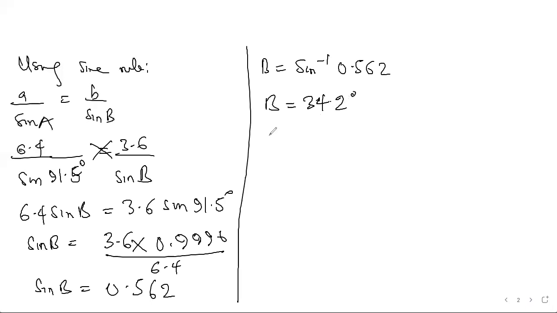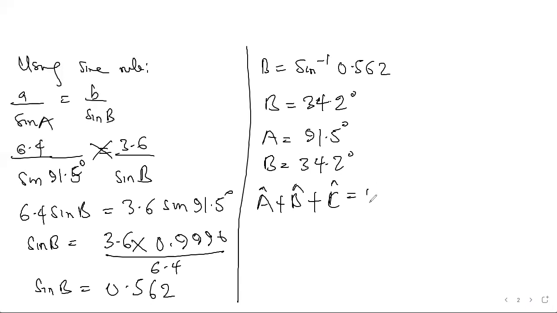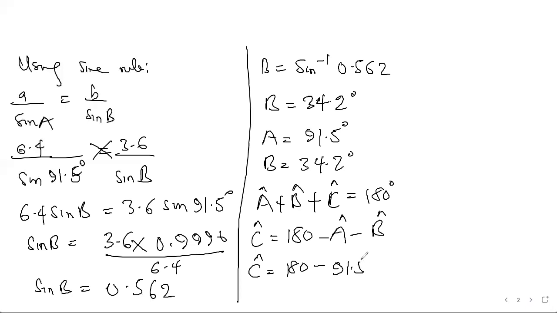So that's B. Now I know A as 91.5 and B as 34.2. I can calculate C because I know that angle A plus angle B plus angle C must add up to 180 degrees. So C will be 180 minus A minus B, so 180 minus 91.5 minus 34.2.